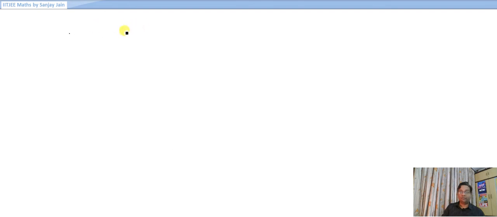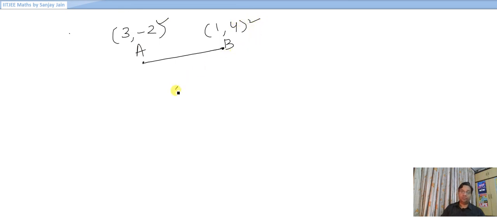Now I wanted to find the slope of the line passing through (3, -2) and (1, 4). Let us say I have given you these 2 points A and B, and I wanted to find the slope of this line joining points A and B. So what will be the slope?